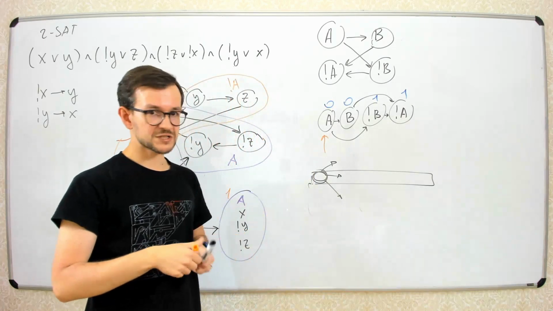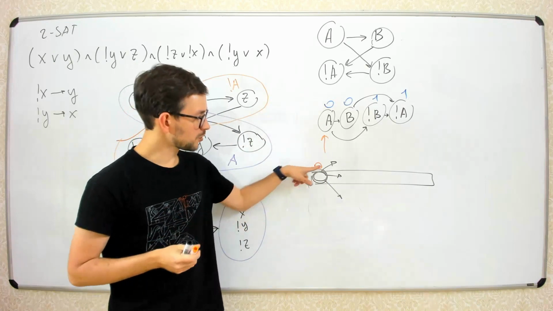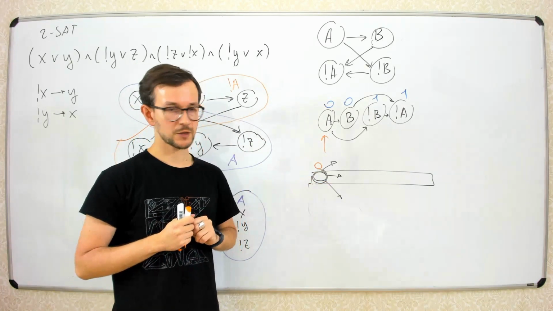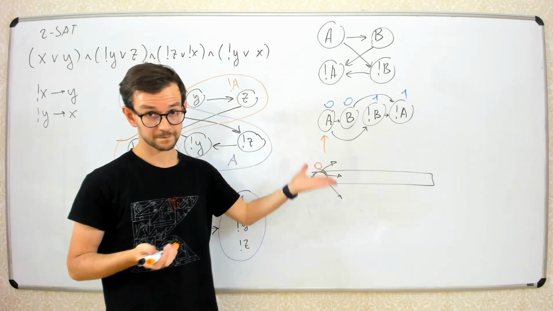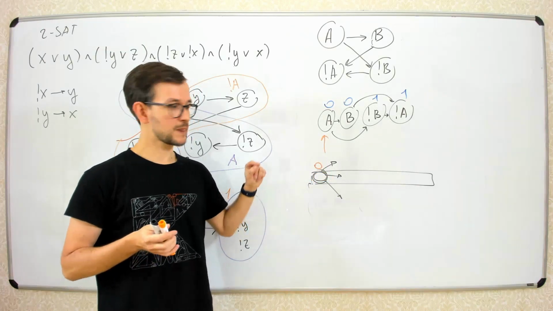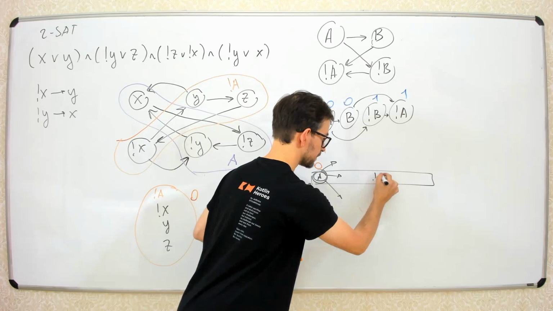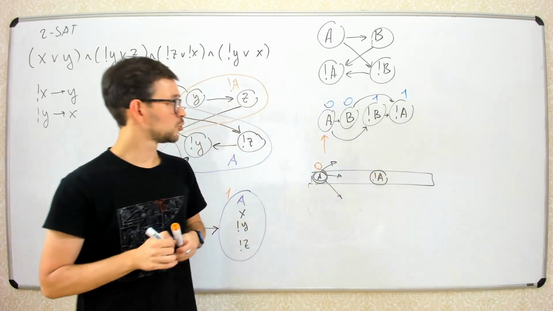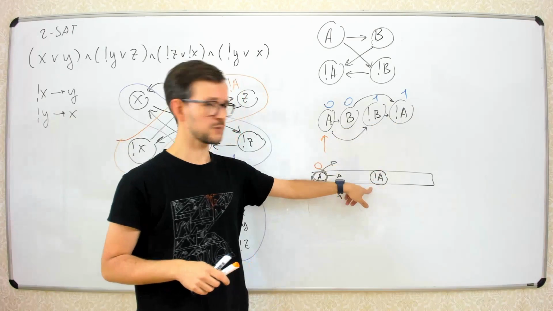So if you assign value 0 to this variable, all these implications will be satisfied, because from 0 you can imply anything. Now let's look at symmetrical variables. So this will be A, this will be not A. Not A is not always the last in this order. It may be in the middle of this array.